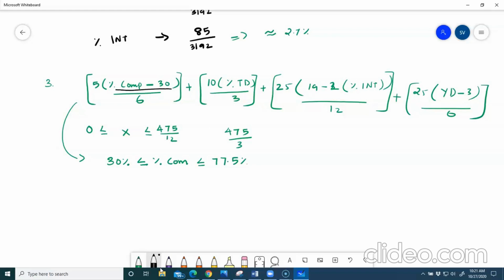So I'm going to take that percentage of completion minus 30 is greater than or equal to 0 because of the condition provided. I can eliminate this 30 by adding 30 on both sides, so percentage of completion would be greater than or equal to 30.